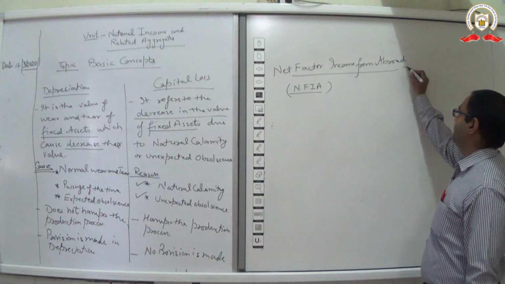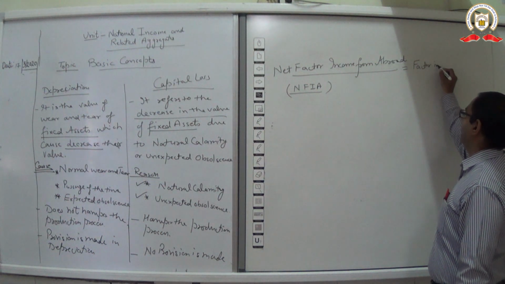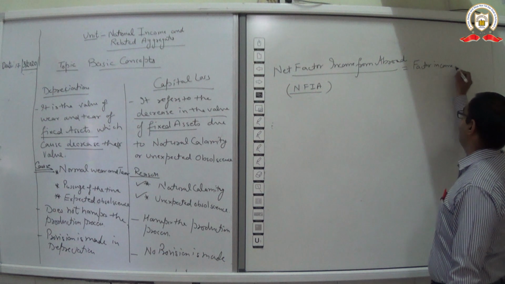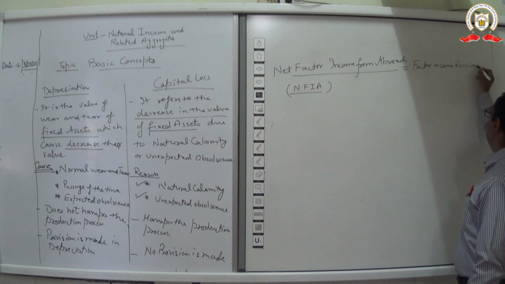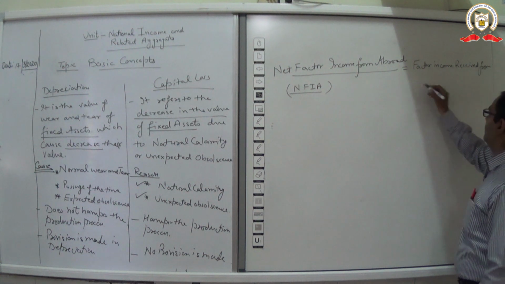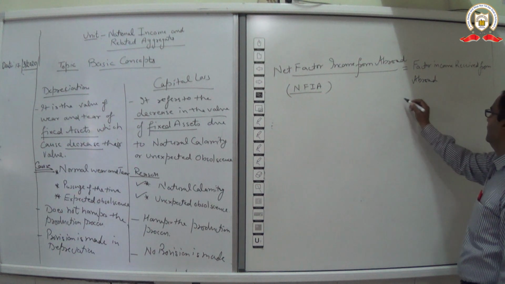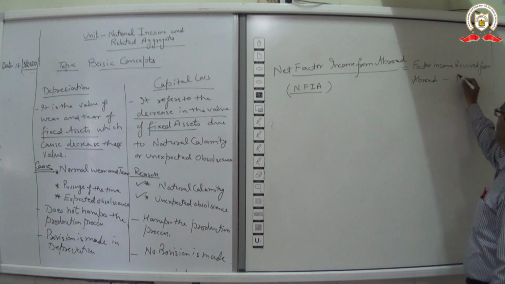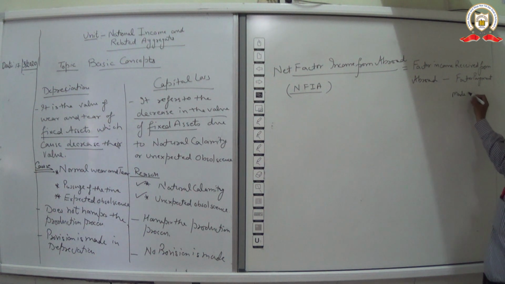It is the difference between factor income received from abroad less factor payment made to abroad.